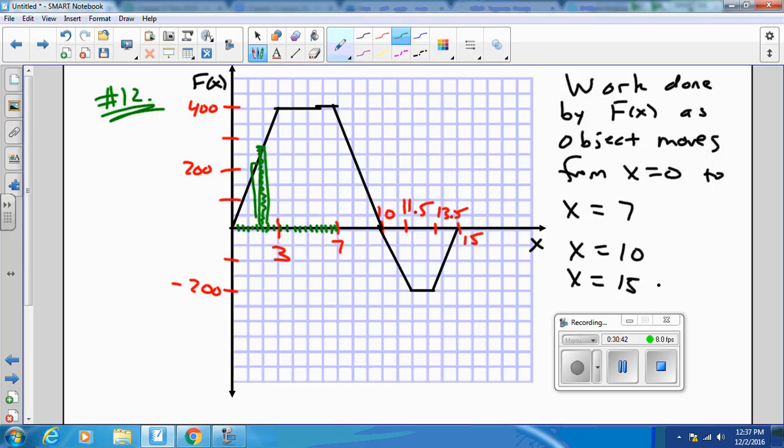If I do rectangles for the whole thing that cover exactly my curve, then the area underneath all of those rectangles added up will be the entire amount of work done. In other words, work equals area under the force curve. This is not a new formula. This is simply an extension of our F D cosine theta formula to the situation where my force is changing.